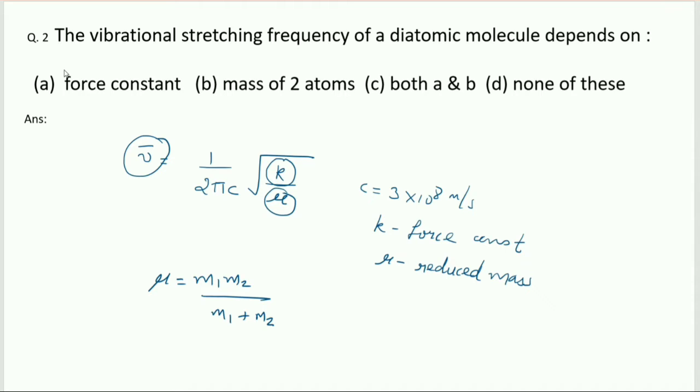So if HCl is given, then M1 is the mass of hydrogen and M2 is the mass of Cl. So the vibrational stretching frequency nu bar depends upon k and mu, that is force constant and mass of two atoms, both A and B. So this is the right answer.